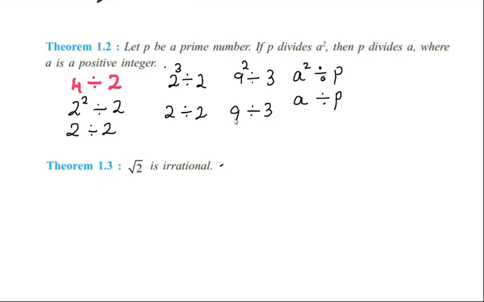That's why this lemma or theorem 1.2 is used. But it should be a prime number. If a square number is divisible by a prime number, then that number also is divisible by that prime number. So that is the meaning: a number and its square.